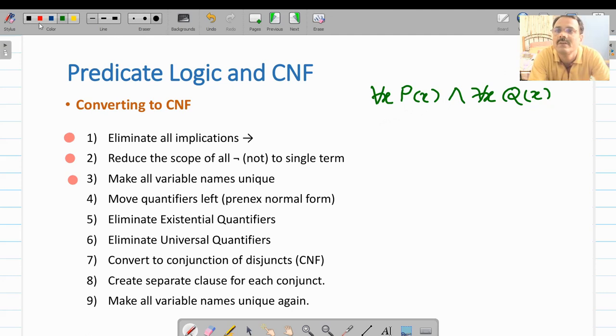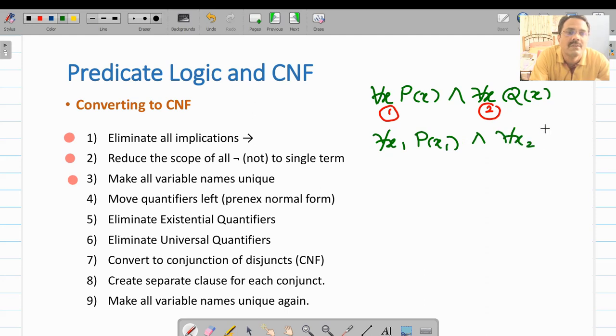Here it is important that this X is different from that X. Since they are variables, you can simply change the variable name. So I will write this as for all x1, P of x1, and for all x2, Q of x2.